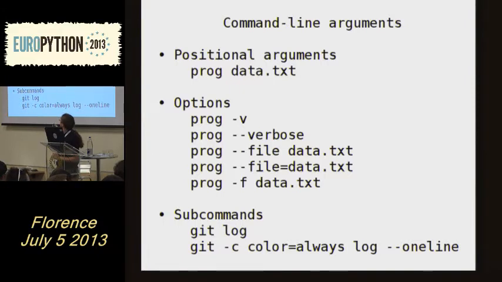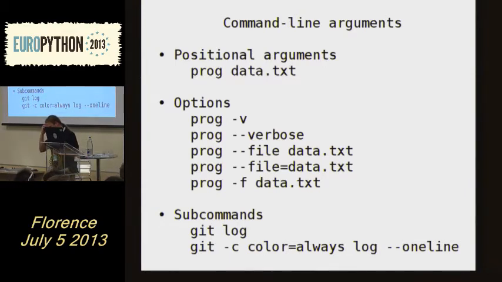So you can have positional arguments. You call the program with some argument like the file you want to process. Then you have options. Single minus means a single letter option. Two minuses means a full word option. And options, of course, can have arguments too. And you can have more options.